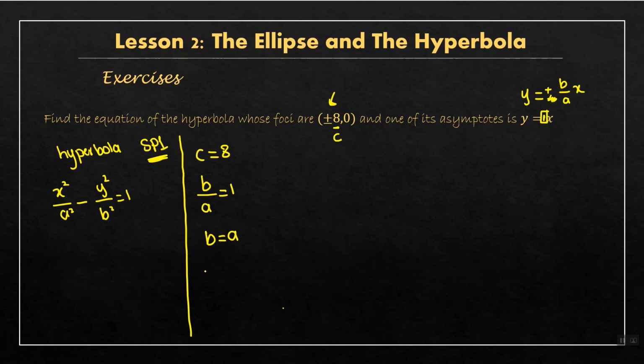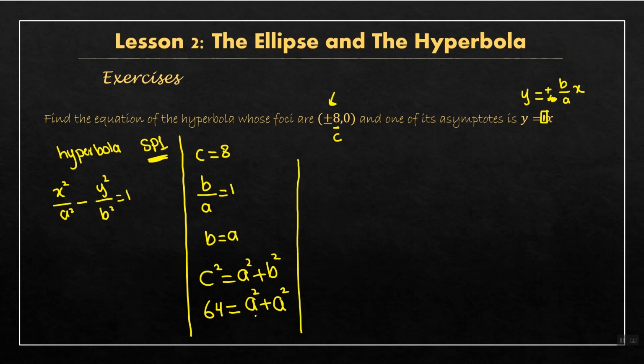Okay, we don't know how much b is, we don't know how much a is. However, we can still use the Pythagoras relation, which is c squared equals a squared plus b squared. We know c is 8. So 8 squared is 64 equals a squared plus, instead of b squared, another a squared, because a and b are equal.